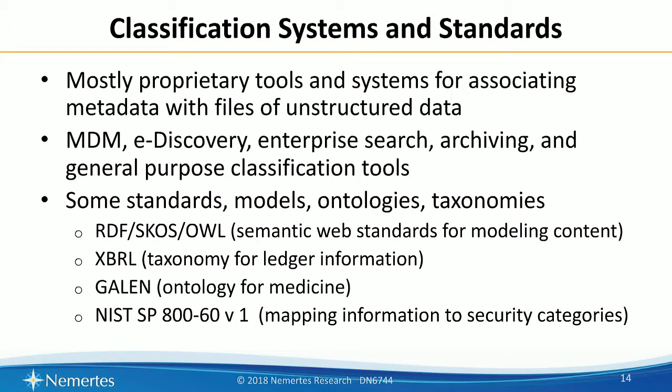They might be related to the kind of information it is, like taxonomies of data for ledger information. They might be related to the business that you're in or the practice that you're in, i.e. medicine. So having this kind of information available to help you develop your own classification scheme can greatly accelerate your efforts and make it easier for you to work with partner organizations in the same kind of business as yourselves.